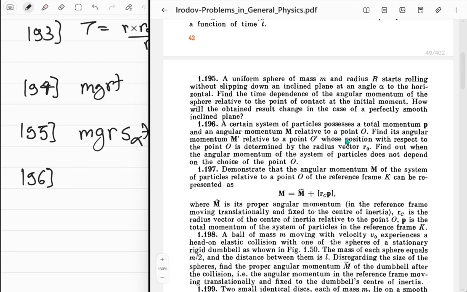Find out when the angular momentum of the system of particles does not depend on the choice of the point O.